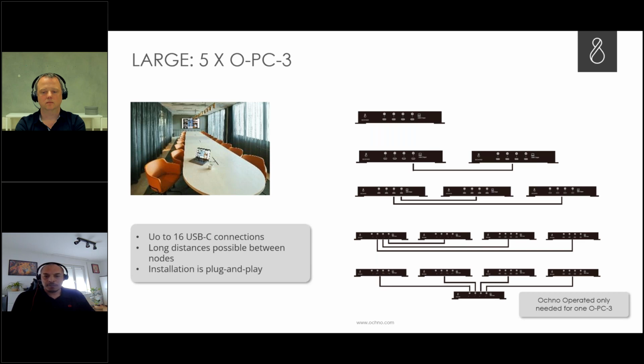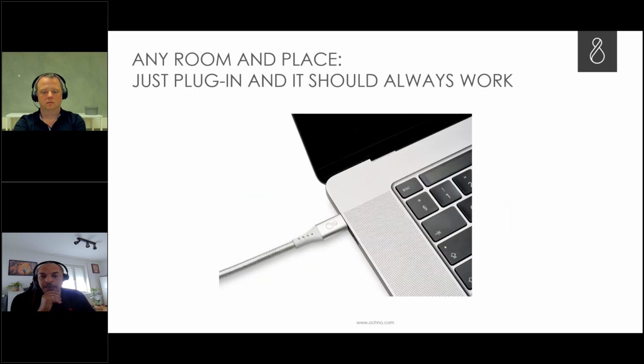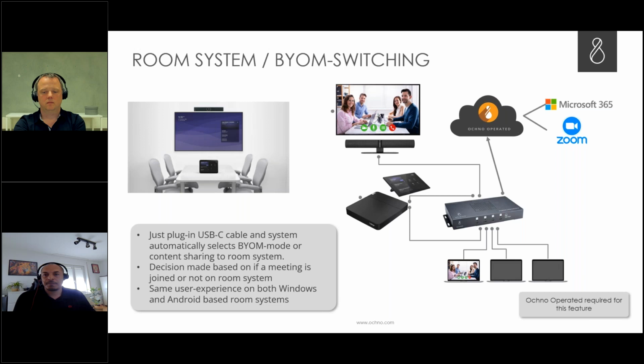Another question is, what happens when I use a video conference using Lenovo MTR and at the same time connect a notebook? Can I show the notebook screen in the MTR meeting? Yeah, this is what we try to explain here. If the meeting has started on the MTR system and you connect the USB-C cable, the laptop's video is shared into the Teams meeting.